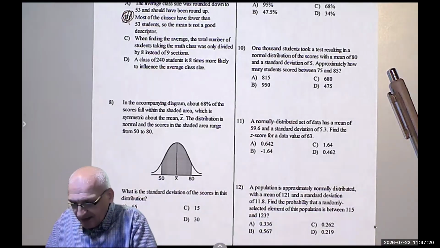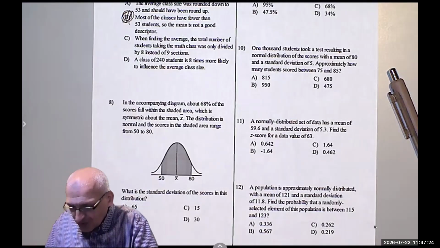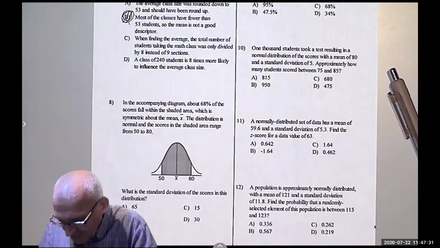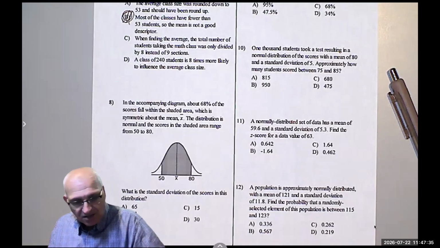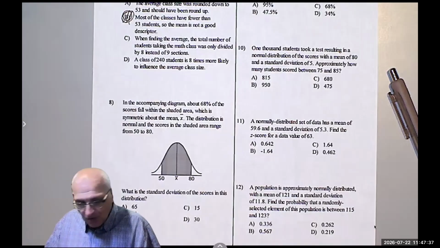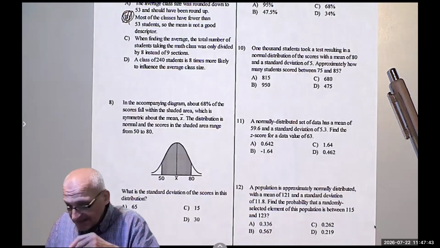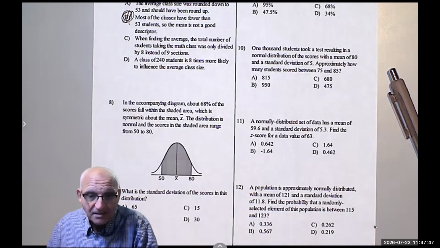Alrighty. In the accompanying diagram, about 68% of the scores fall within the shaded area, which is symmetric about the mean x bar. The distribution is normal and the scores in the shaded area range from 50 to 80. I know that roughly 68% lie between plus or minus 1 sigma, right?